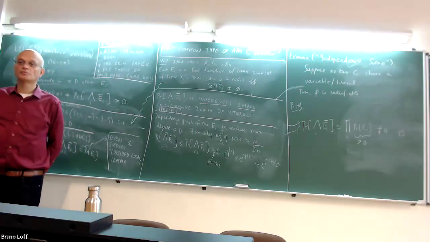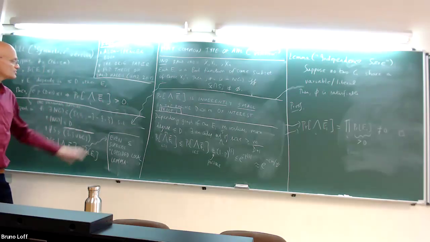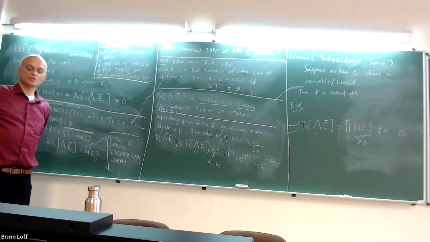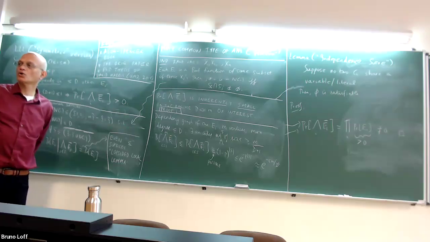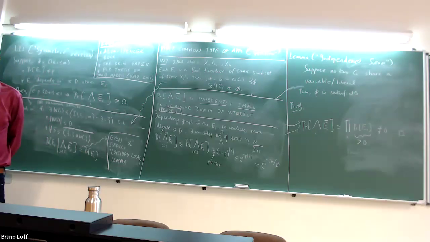So therefore, the probability that the local lemma guarantees is positive but, unfortunately, inherently small. It's not like 1 over polynomial in m or something, in this regime.